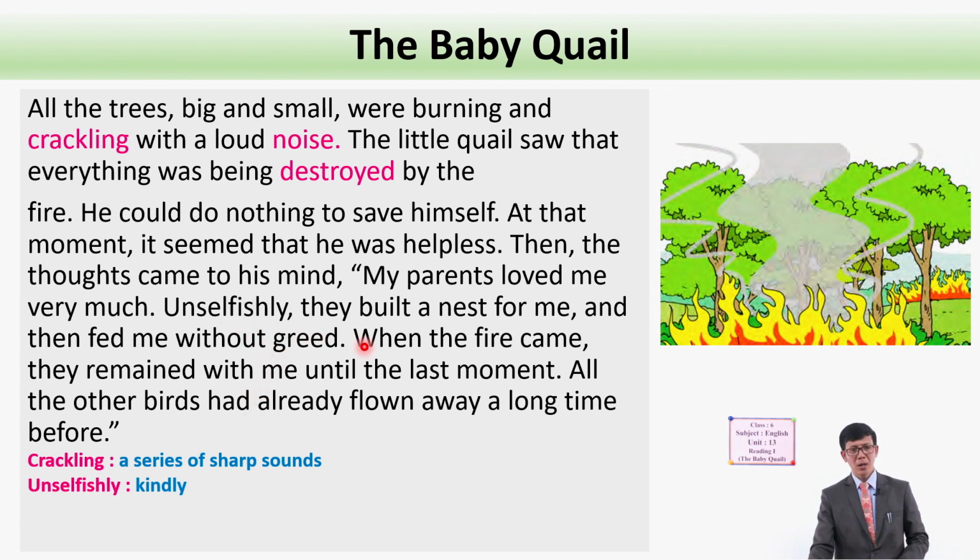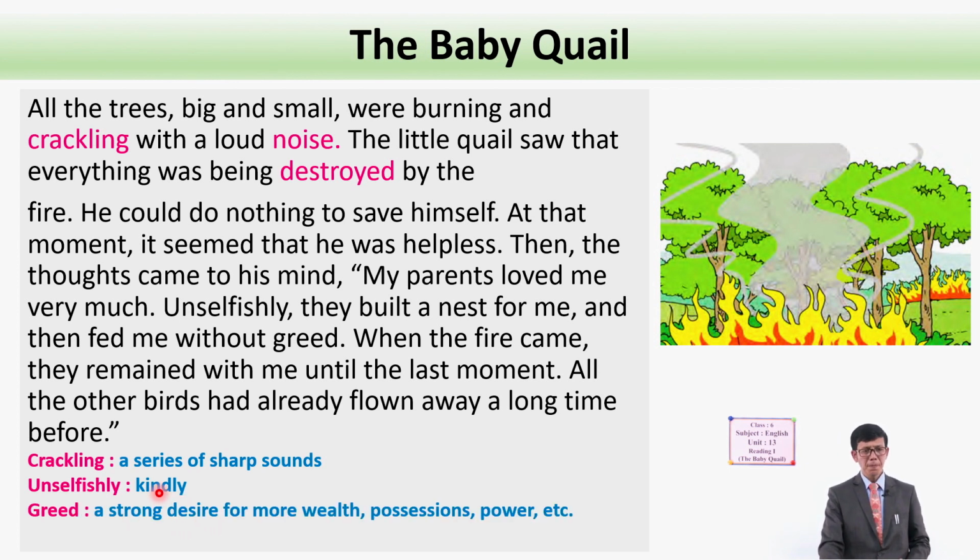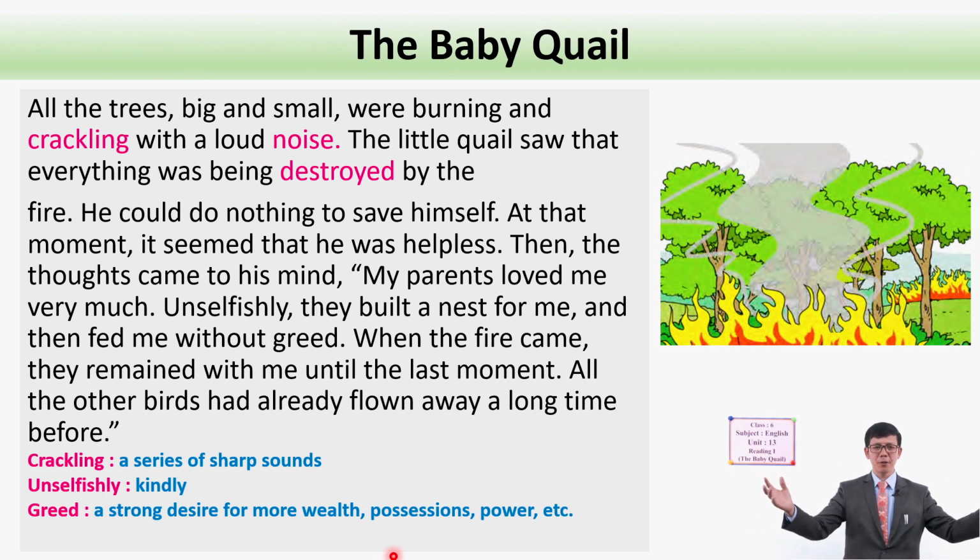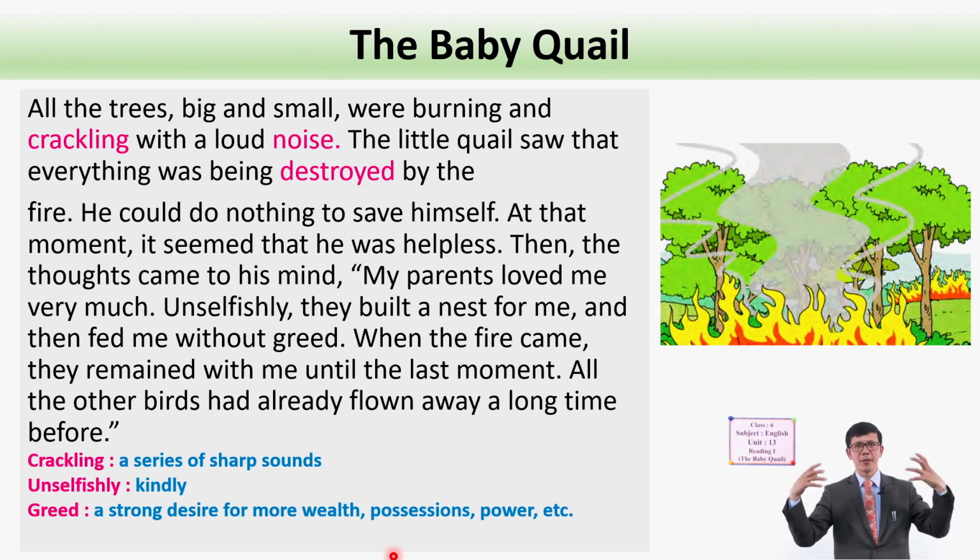So, unselfishly, you can see here, the parents bird, the parents bird, they used to love him unselfishly. Unselfishly means, you can see here, kindly. That is what unselfishly means, kindly. You can also see the word here, greed. That means a strong desire for more wealth, or let's say possessions, power, etc. You understand, my home, my wealth, my properties, lots of things, just related to oneself, wishing that I should have this and that.